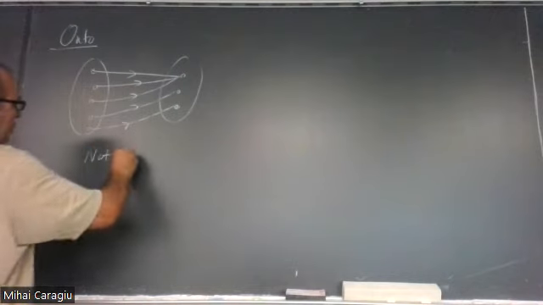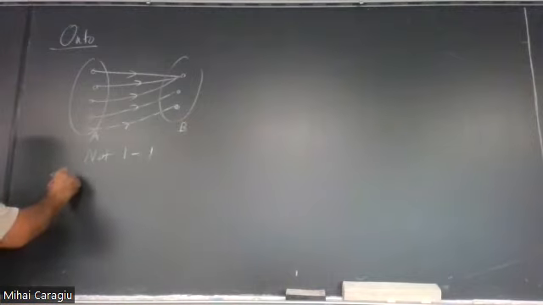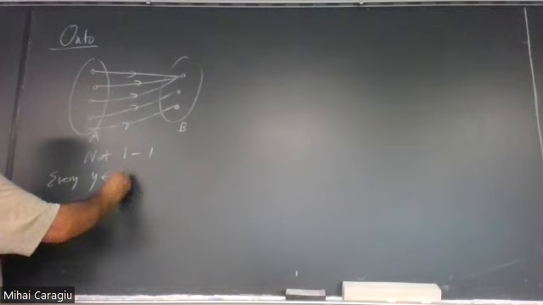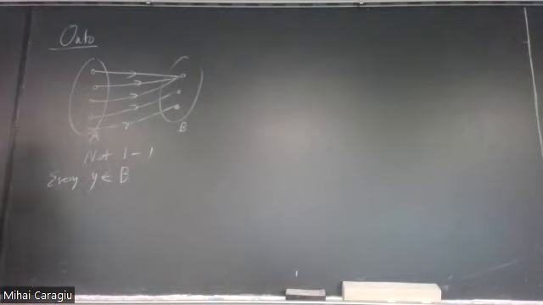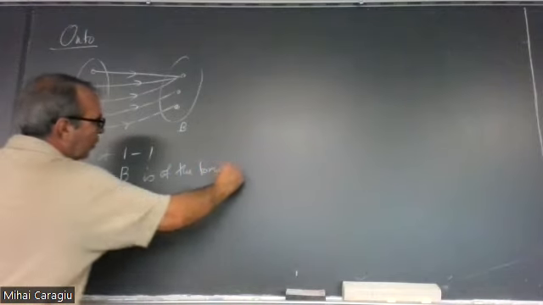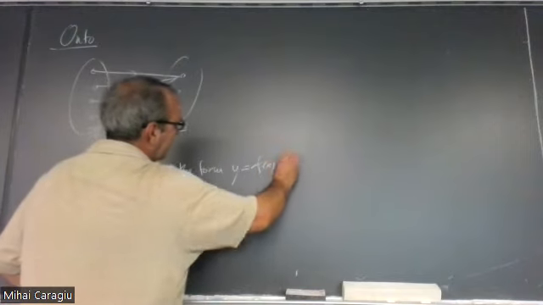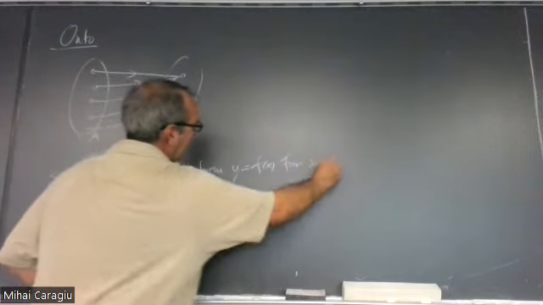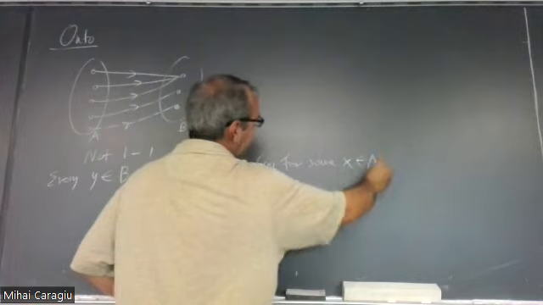So this is clearly not one-to-one because we have a defeater, but every element, this is the domain A, that's the codomain B, so every y belonging to the codomain is of the form y equals f of x for some x in A.